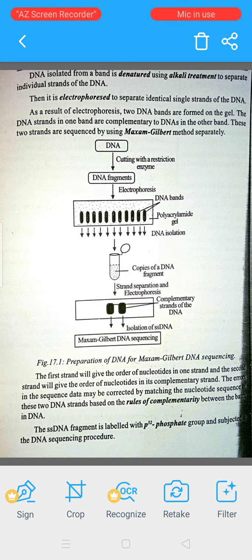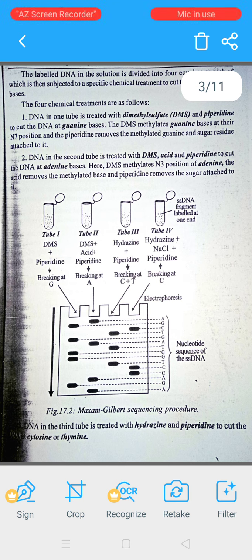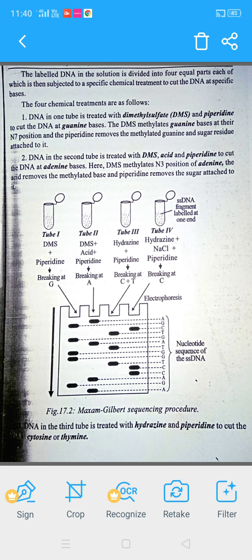The sequencing DNA fragment is labeled with a P32 phosphate group and subjected to the DNA sequencing procedure. The labeled DNA in the solution is divided into 4 equal parts, each of which is then subjected to a specific chemical treatment to cut the DNA at specific bases.